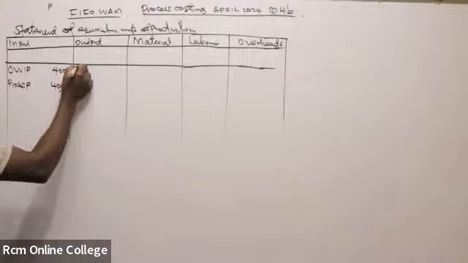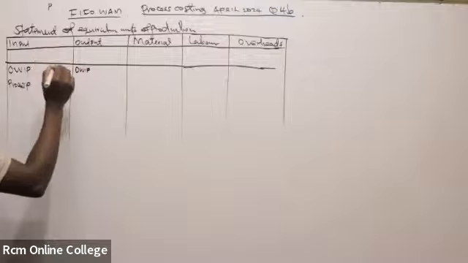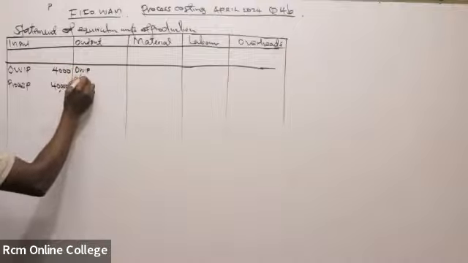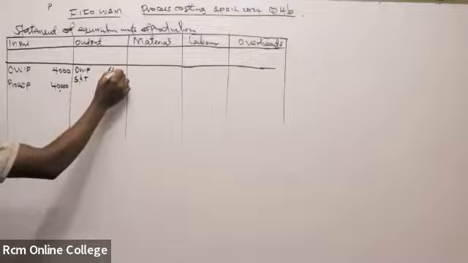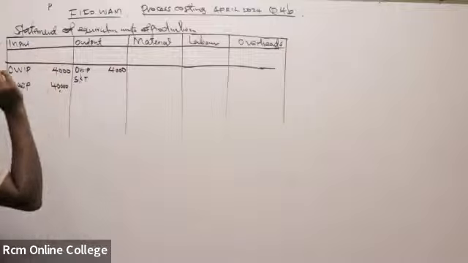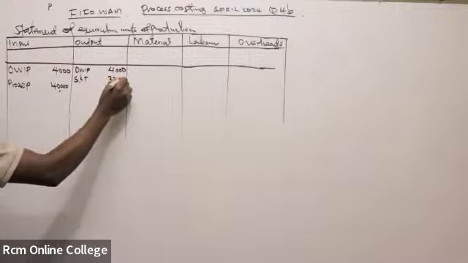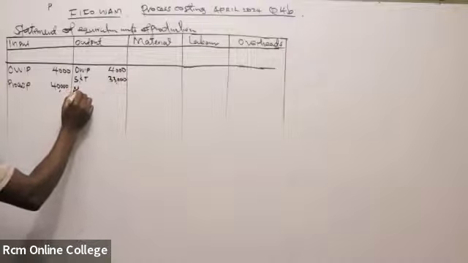We start with our opening work in progress of 4,000. Then we talk about started and transferred, which is 33,000.